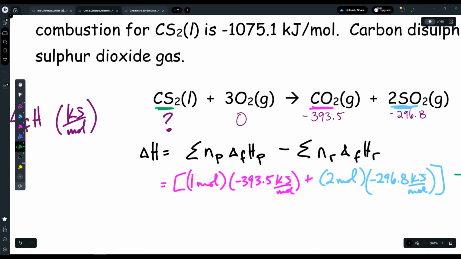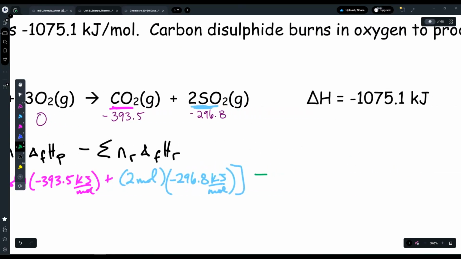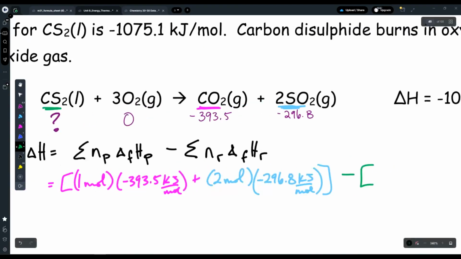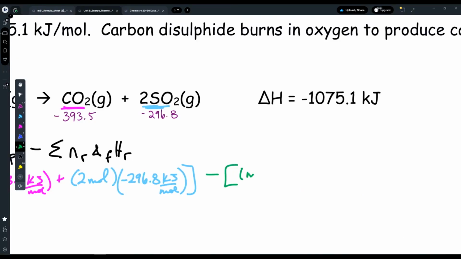So we've got carbon disulfide. I'm going to use green for that. So we've got 1 mole of it. That looks a little bit like a bracket, so I'm going to go like that. Okay, and I'm just going to put the molar enthalpy of formation for carbon disulfide as X, because we don't know what it is.